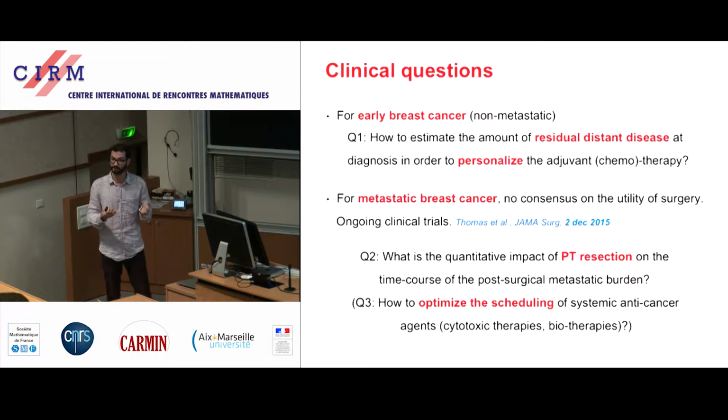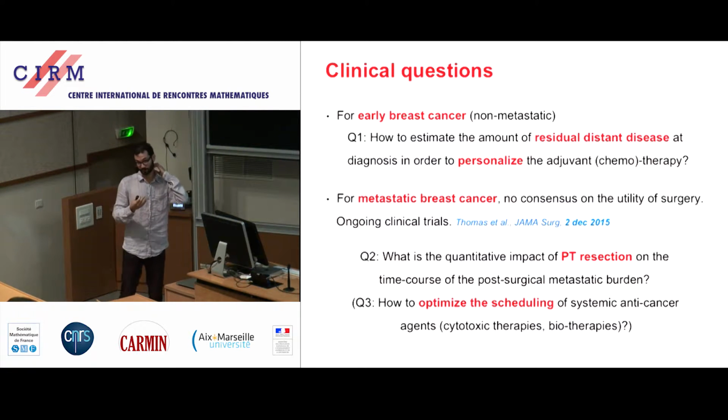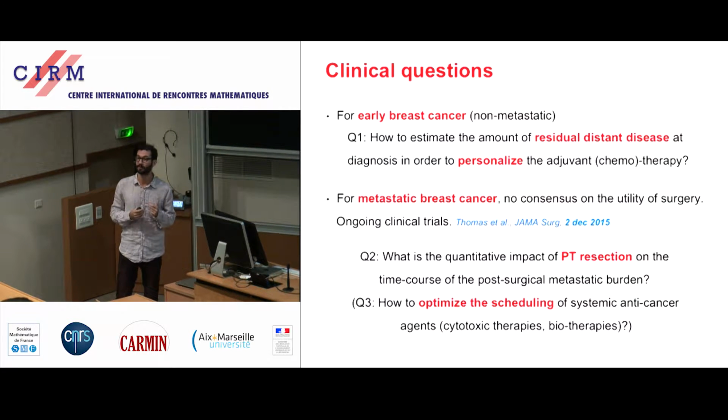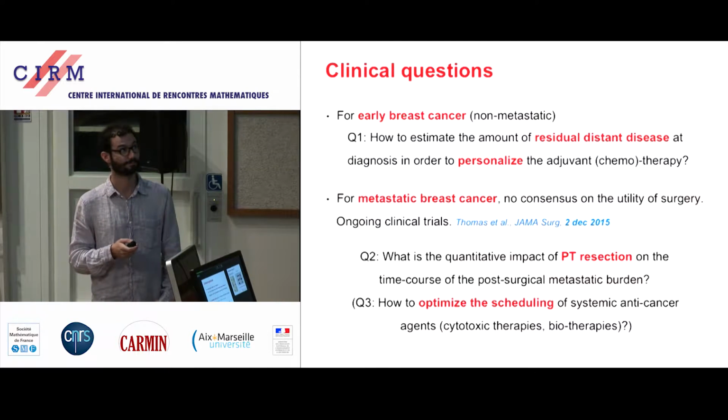A lot of patients receive chemotherapy, which is very toxic, and we would like to identify patients who have a low risk of recurrence in order to reduce the number of cycles that have to be given to them.